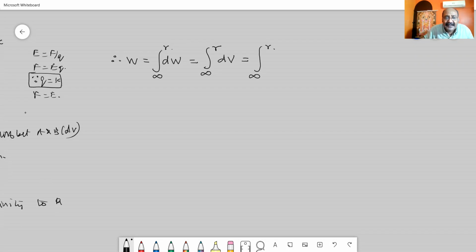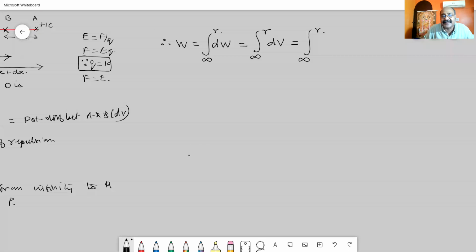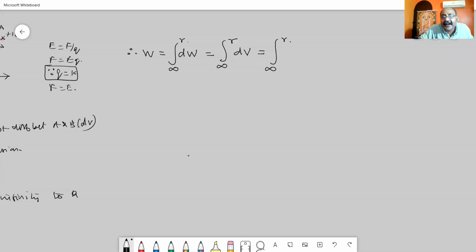We have written it here: minus 1 by 4 pi epsilon 0 into q by x square into dx. So it is minus of 1 divided by 4 pi epsilon 0 into q divided by x square into dx. If I integrate this equation from infinity to R, I get the total work done. This total work done is the potential at the point P.